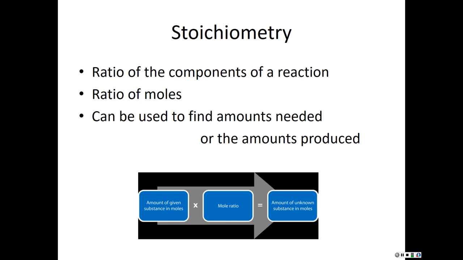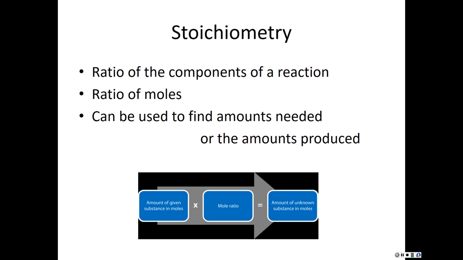Depending on where I start and where I want to go, it'll tell me what I need to do. If I'm converting between moles and moles, that's stoichiometry. If I'm going from moles to number of atoms, which conversion is that? Avogadro's number. Avogadro's number tells me the number of atoms and molecules. Going the other way is the molar mass.